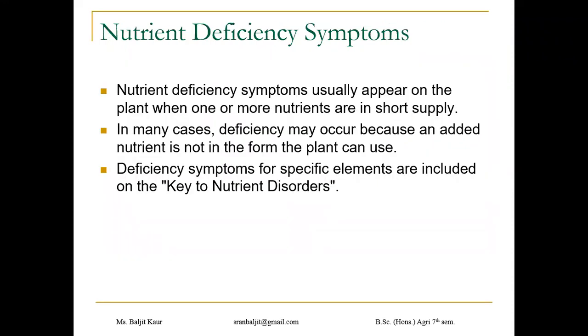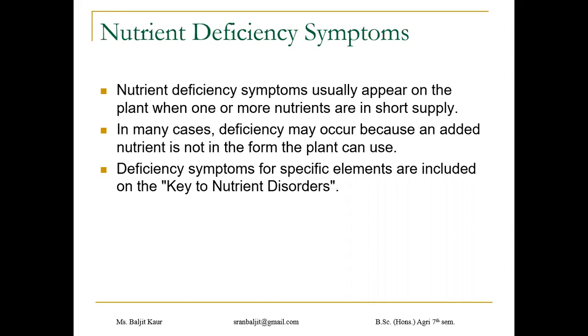Then let us talk about the deficiency symptoms of nutrients. These deficiency symptoms appear on the plant when there is deficiency of one or more nutrients, when the supply of these nutrients to the plant is less, right? In many cases, deficiency may occur because the added nutrient is not in a form the plant can use.